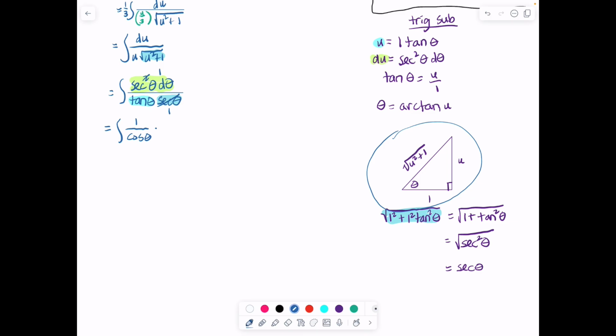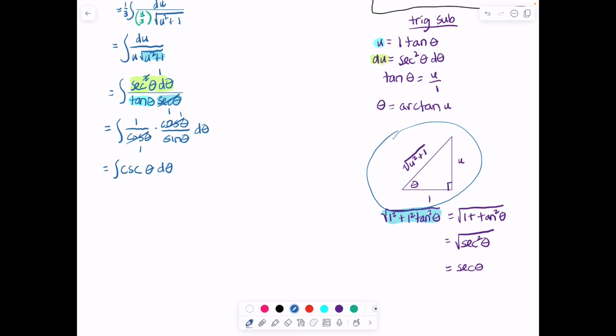Times cotangent theta, right? 1 over tangent theta is cotangent theta, which is cosine theta over sine theta, and we still have our d theta. So these cosine thetas divide out completely, and we're left with the integral of cosecant theta d theta, because 1 over sine theta is cosecant theta.